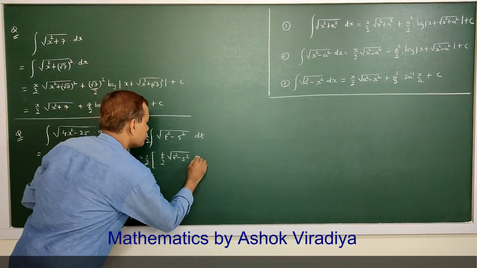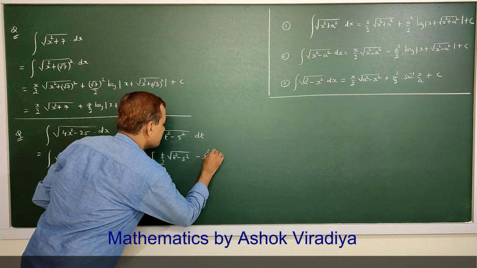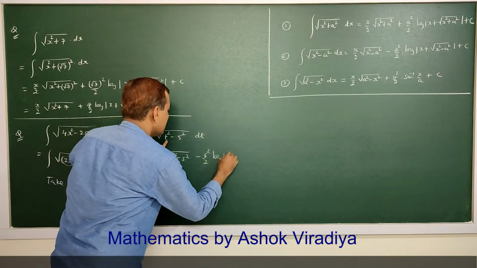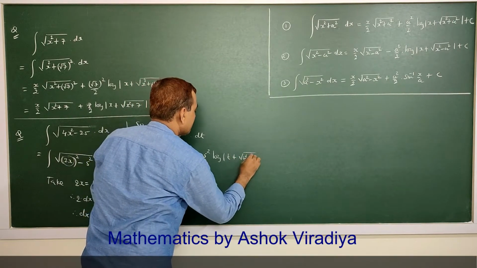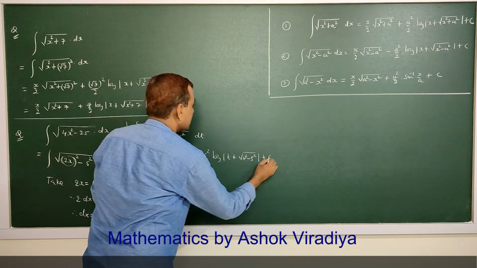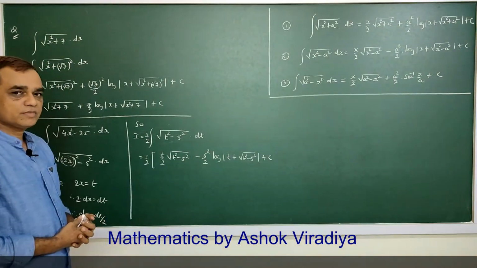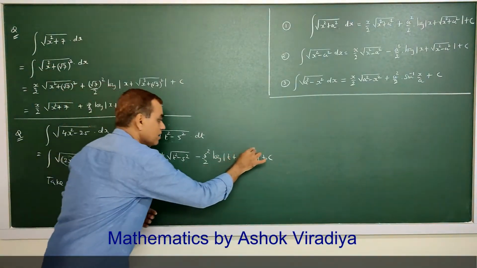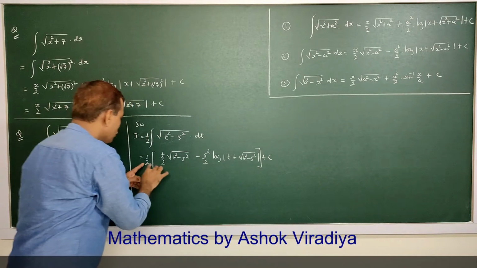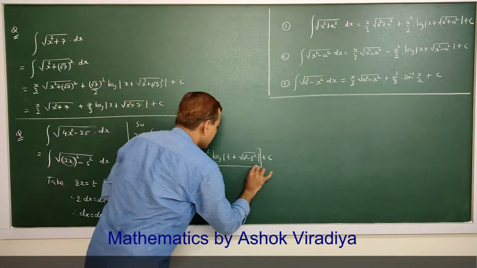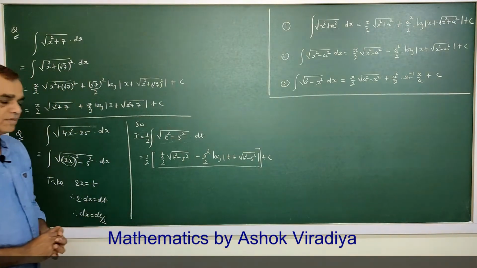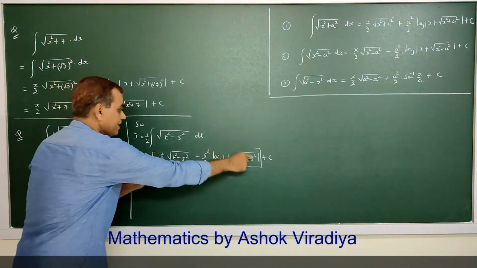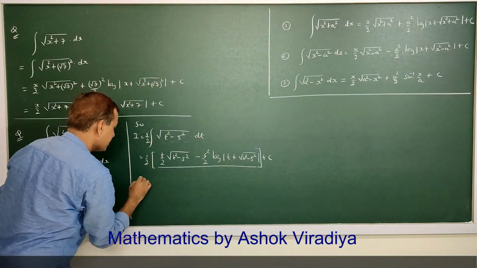This is minus 5 square, so minus 5 square by 2 log mod t plus root t square minus 5 square plus c. Here we close the bracket because 1 by 2 is multiplied with this number. So the value we have taken in a bracket, 1 by 2 is the coefficient.